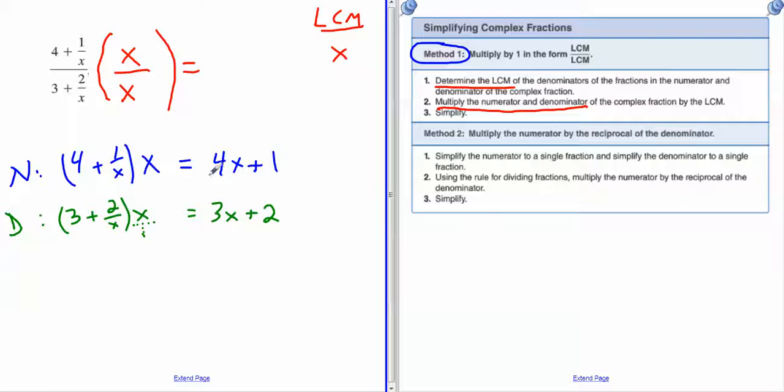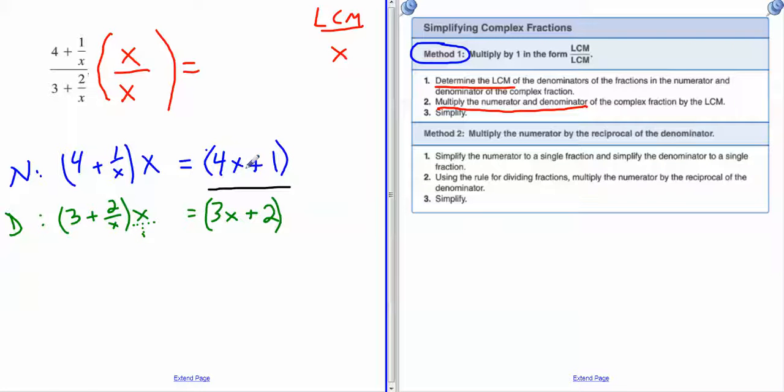So there's my numerator here in blue, there's my denominator, and my divided by bar between them. Now let's see if we can simplify. We can simplify factors. 4 is not a factor, x is not a factor, 1 is not a factor. So the 4 cannot cancel with the 2 because the entire factor in the numerator is 4x plus 1, and the entire factor in the denominator is 3x plus 2.